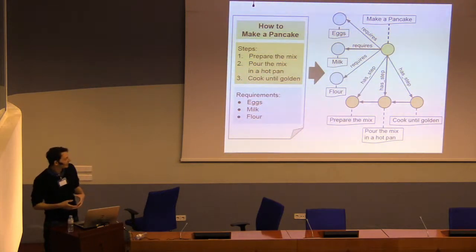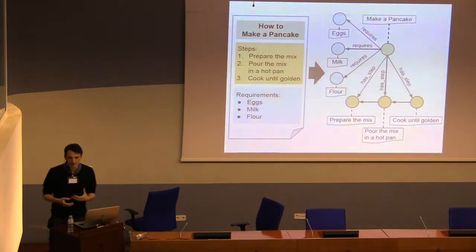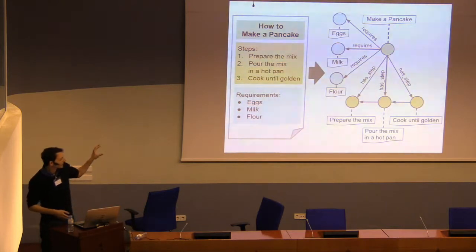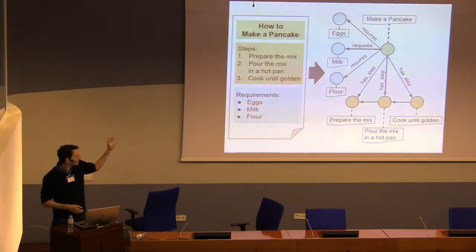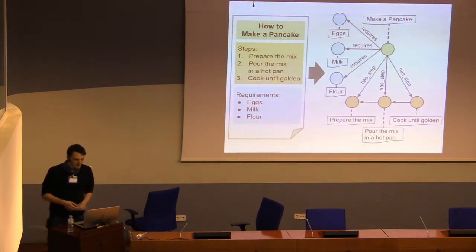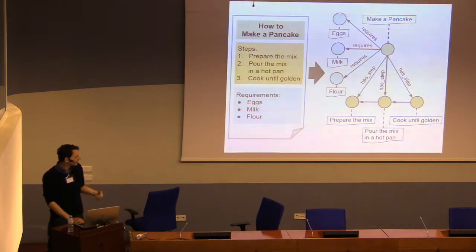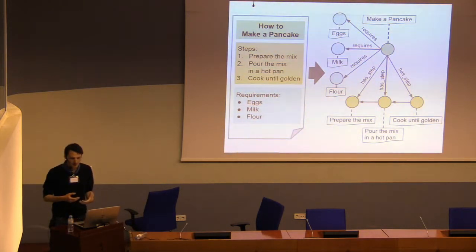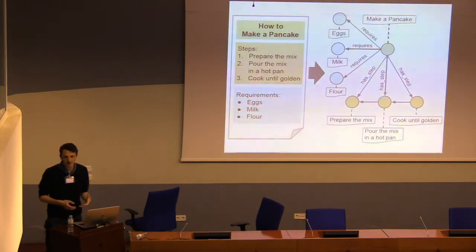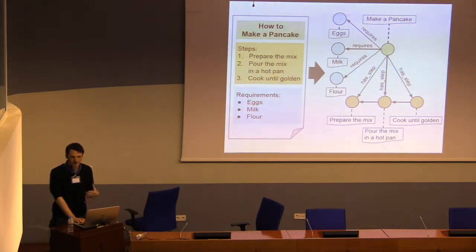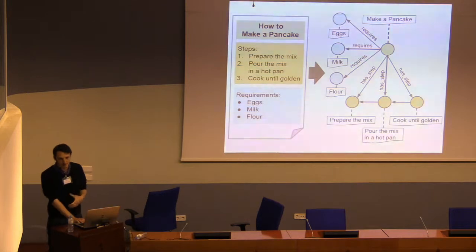This is instructions on how to make a pancake, and you can distinguish steps, an order between the steps, maybe some requirements, and this gives structure to this set of instructions and makes a lot of the relations of the entities that you can find in the instructions explicit, so that artificial agents know about these things.